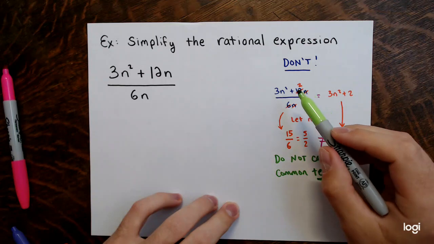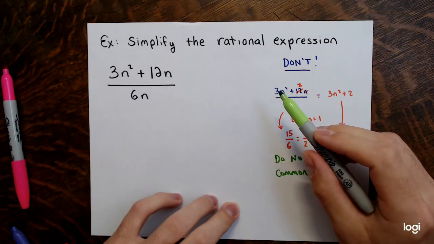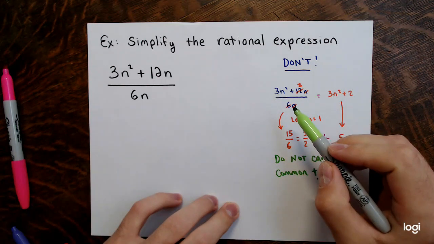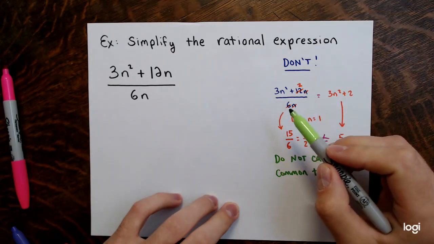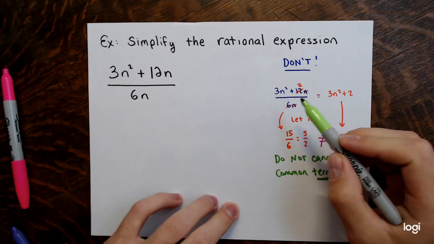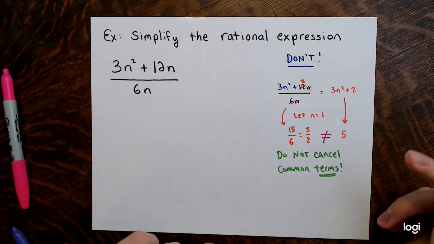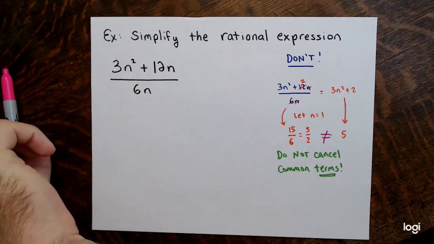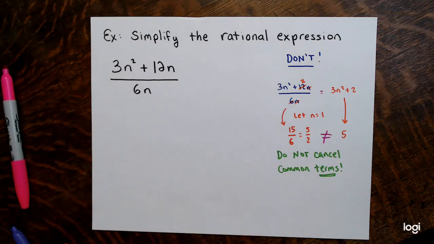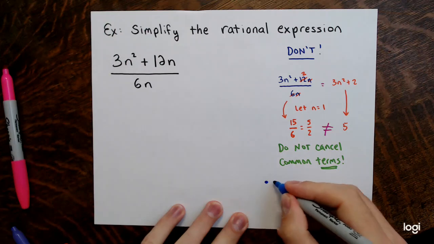This positive 12n is a term of the numerator polynomial. 6n is a term of the denominator polynomial, and you're like, oh, cancel some of these n and n. You can't cancel common terms. You can only cancel common factors. I'll write that big note right here.